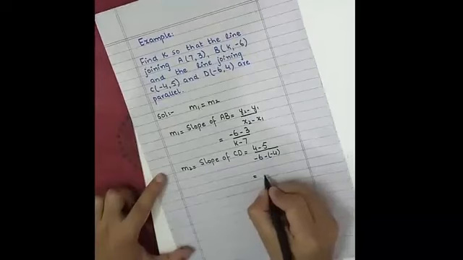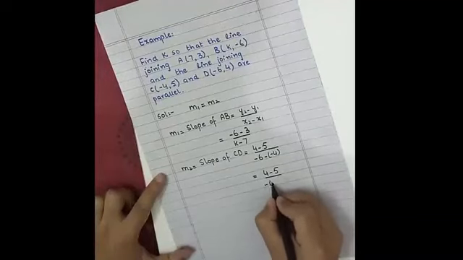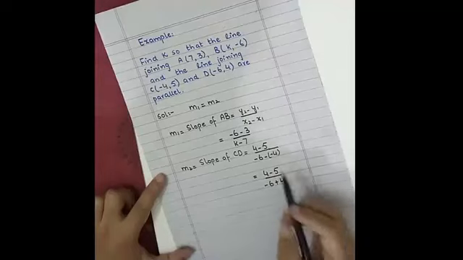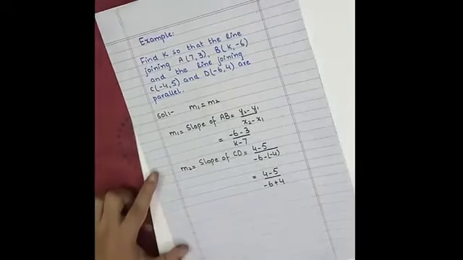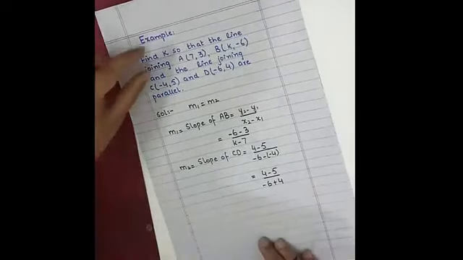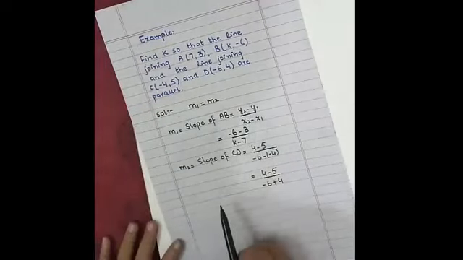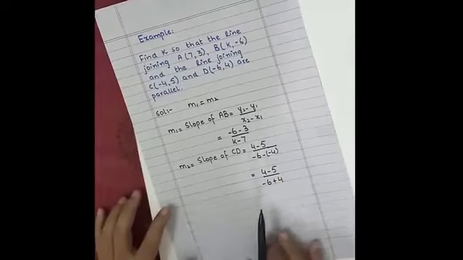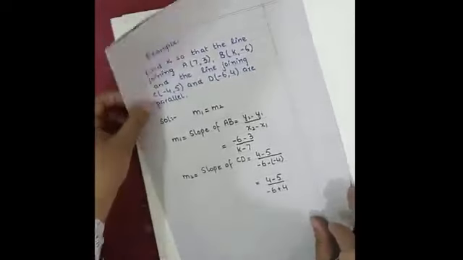We can also write 4 minus 5 divided by minus 6 plus 4, since minus minus is plus. Now since these two lines are parallel, their slopes must be equal. And now we have to find the value of k.